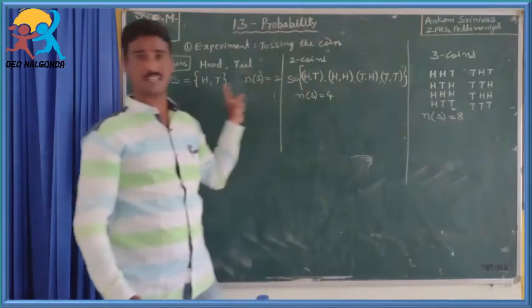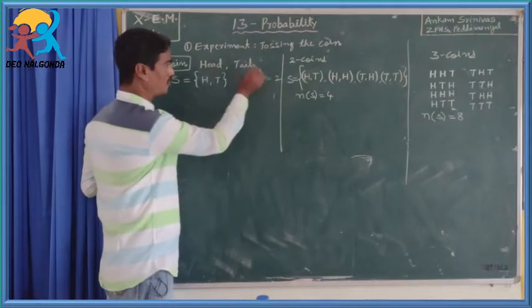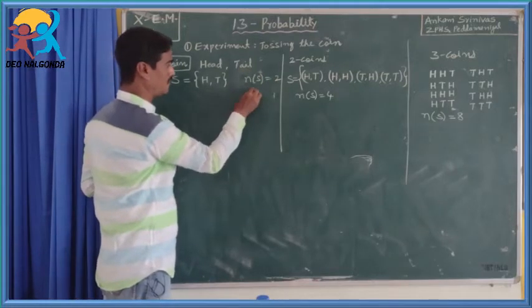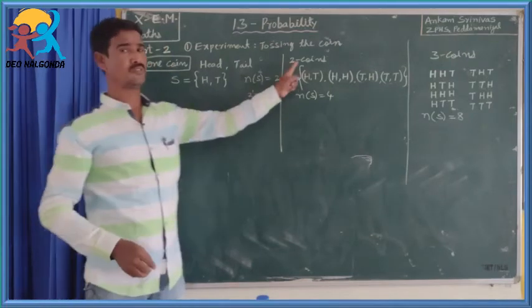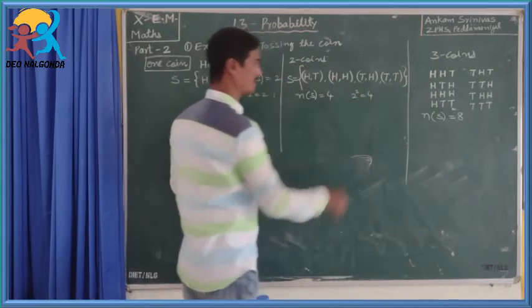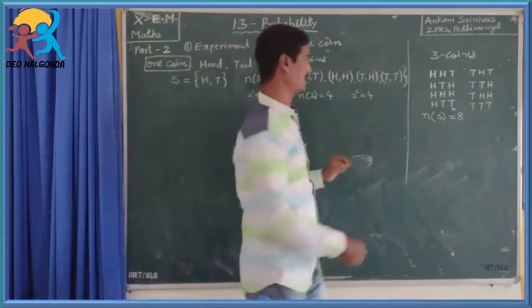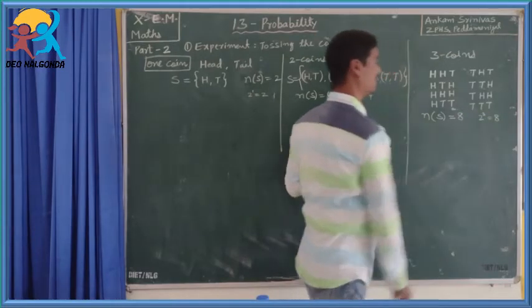What do you observe here? For 1 coin, 2 power 1 equals 2. For 2 coins, 2 power 2 equals 4. For 3 coins, 2 power 3 equals 8.